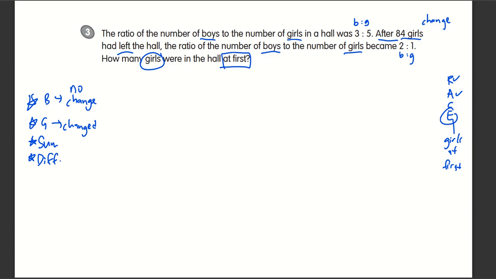Let's start with looking at, first and foremost, boys to girls is 3:5. As you can see here, I have the boys being unchanged. So boys is the one that is going to be 3 units. Then I have the girls changing. I can establish this as if it's a ratio of 3 quantities by putting girls at first and the other quantity, girls after.